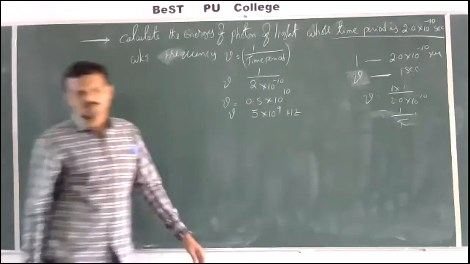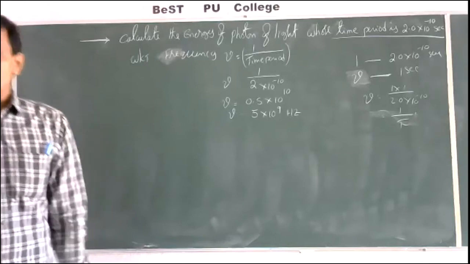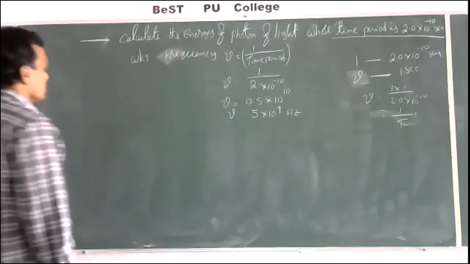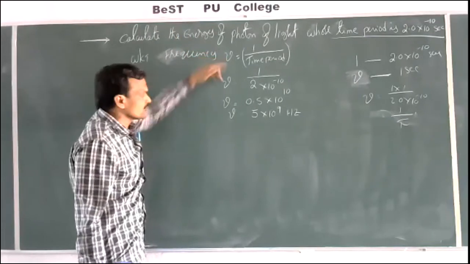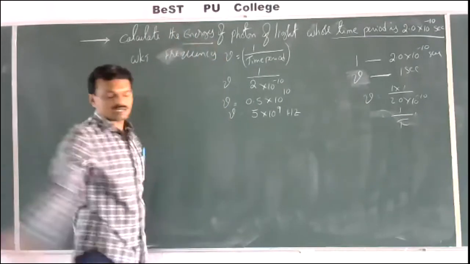This is frequency. So from time period, first we have calculated frequency. Now, by using this frequency, we will calculate energy of the photon.